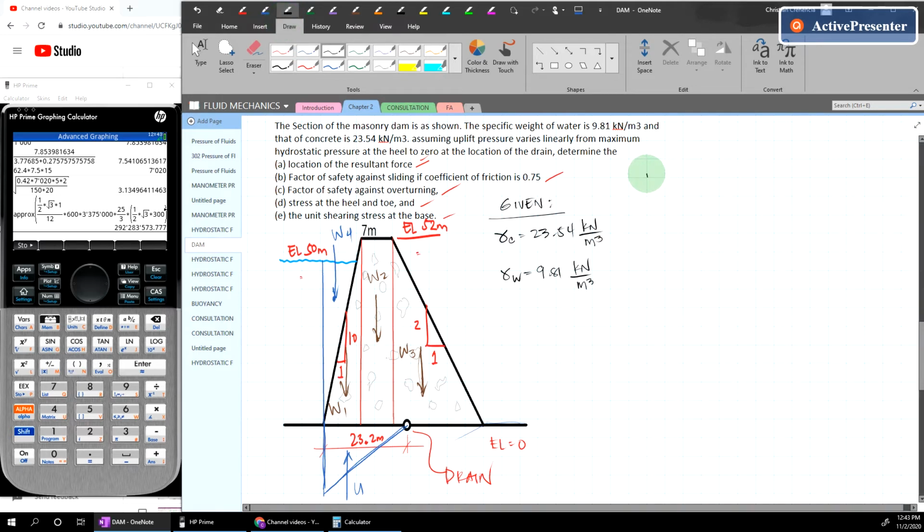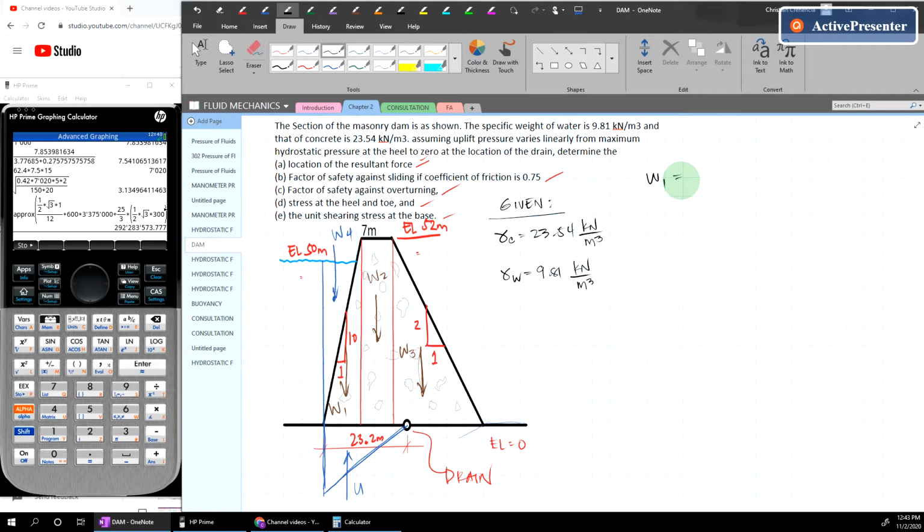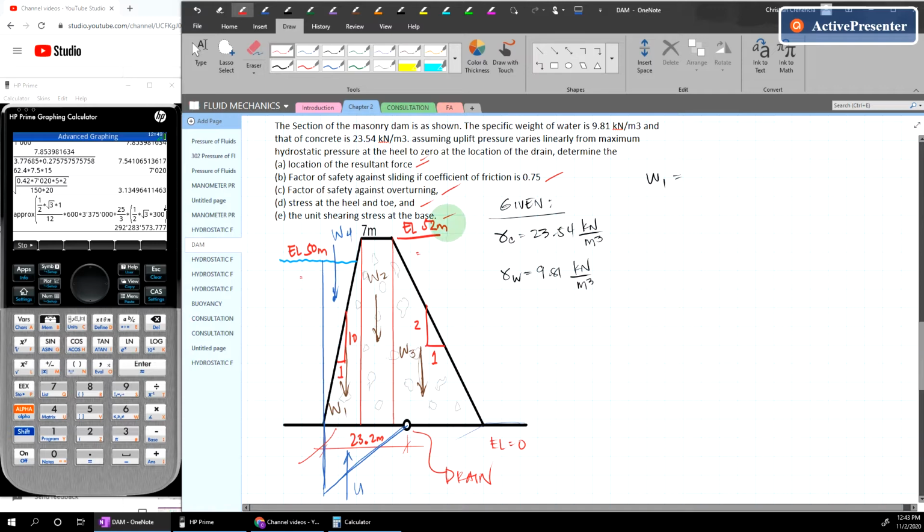Weight 1 is a triangular shape. Given yung slope na 1:10, yung height nung dam natin is 52 meters, so yung base ng triangle natin is 5.2 meters.